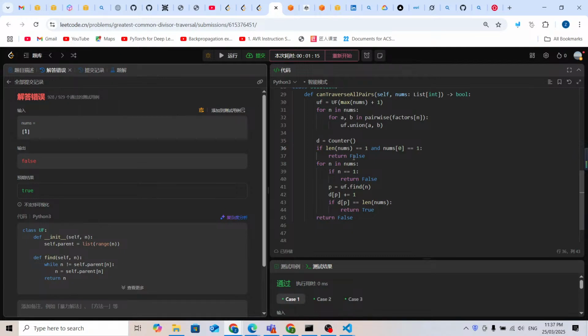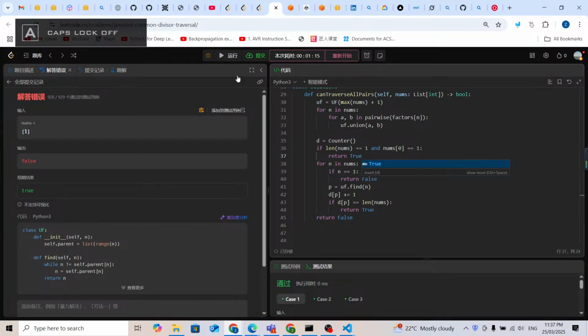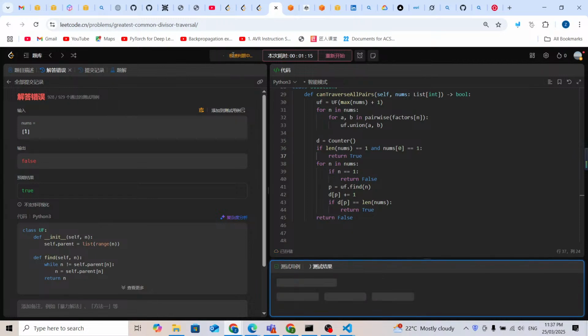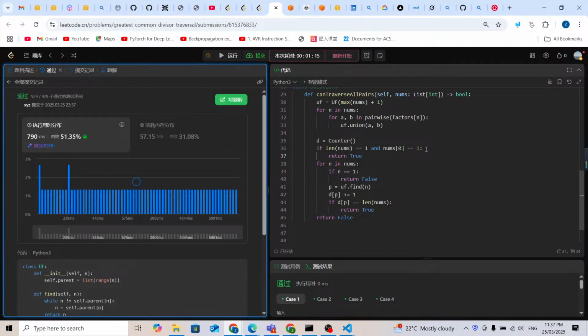It's going to be true. I don't know. Let me just use this testing case and run it and submit it. Yeah, now it works. This was just some mistakes.